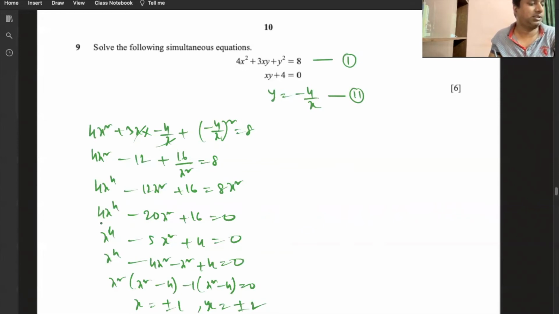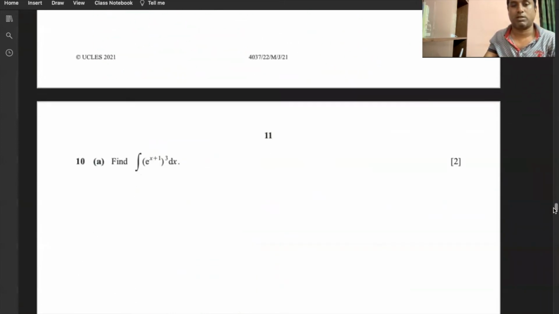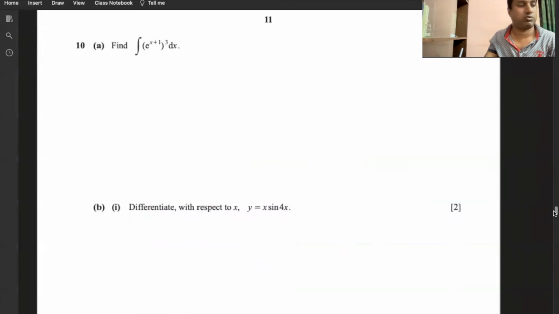If we use these values in y equals minus 4 by x, we have y equals minus plus 4, and another one y equals minus plus 2. Okay, it's all right. So that is question number 9. I don't know, maybe this is the last one.